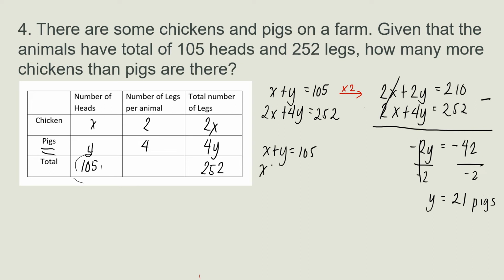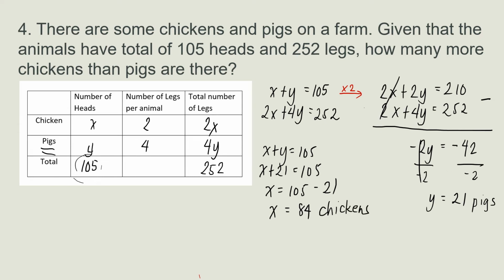You will have x plus 21 is equal to 105. So x is equal to 105 minus 21, and that is 84. So x, based from our representation, is the number of chickens. So there are 84 chickens there.